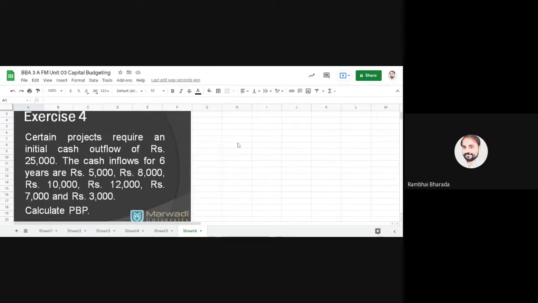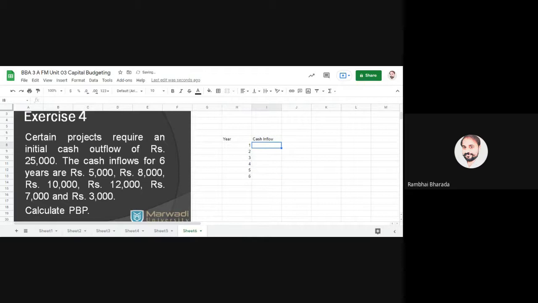So first of all, I will prepare one table for easy calculation, for easy understanding purposes. And then afterwards we apply the formula. In the first column, we will write years. In the second column, we write cash inflow. How many years are there? 6 years are there.